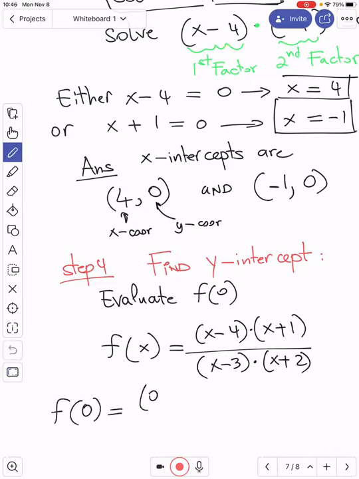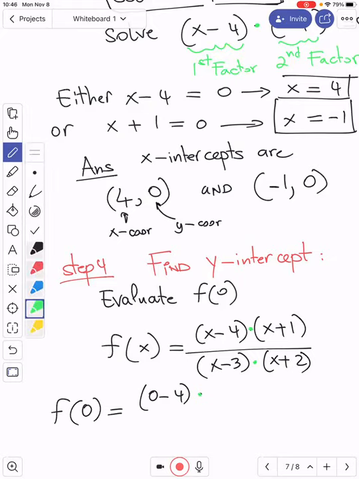So this is 0 minus 4 times 0 plus 1 over 0 minus 3 times 0 plus 2. Be careful here, guys, because this is a common mistake. Between x minus 4 and x plus 1, it's not addition, it's not subtraction. This is a multiplication. The dot here is a multiplication.